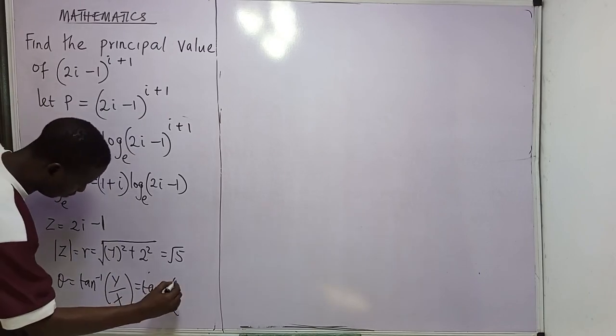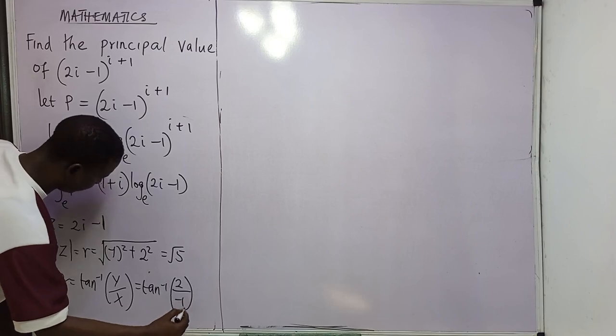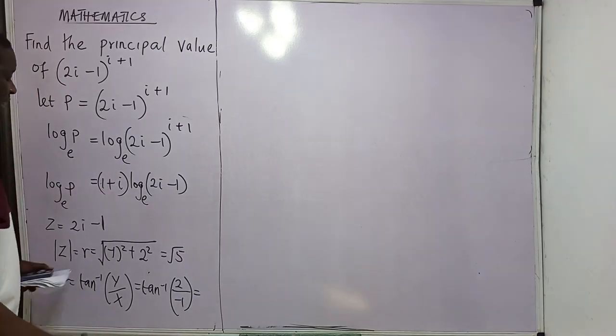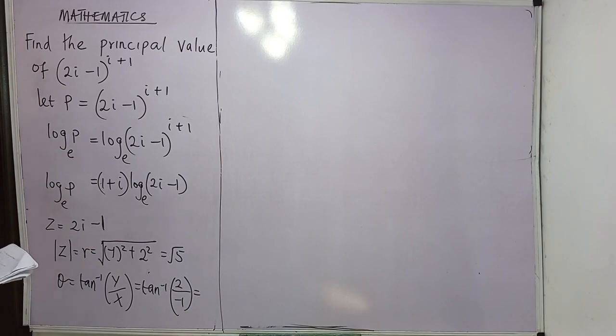Our y is 2, and our x is minus 1. So we find the tan inverse of that, tan inverse of minus 2.